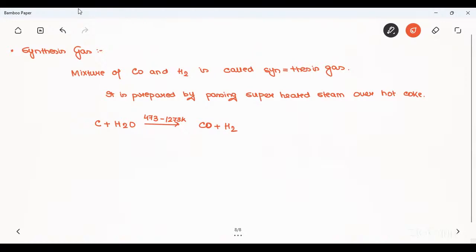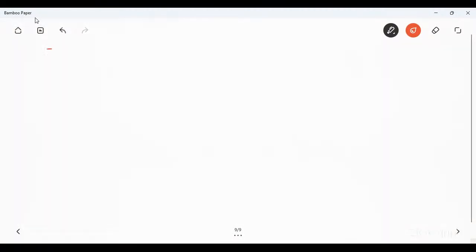Another question that came in your exam is, write an essay on S, P, D, and F block elements. This is one of the very important questions that has come in your exam, like a short note on S, P, D and F block elements.